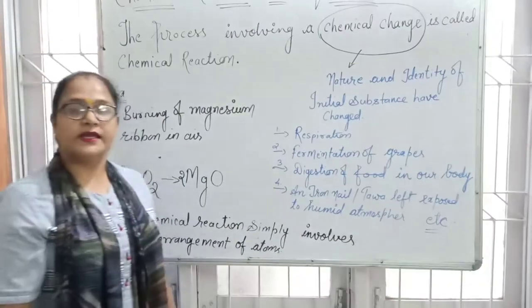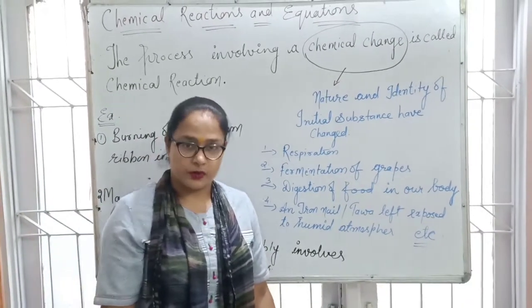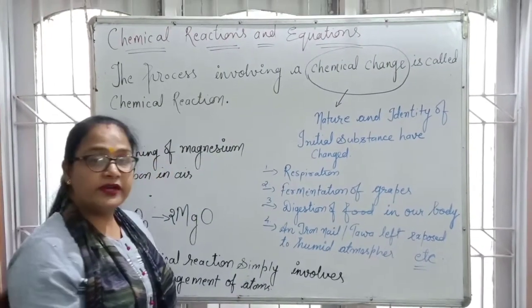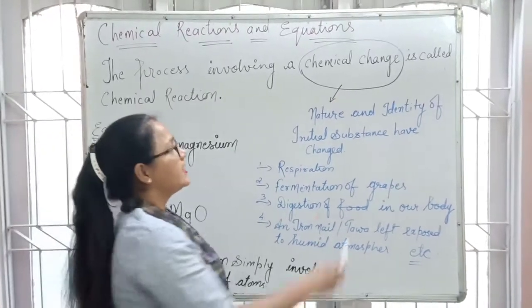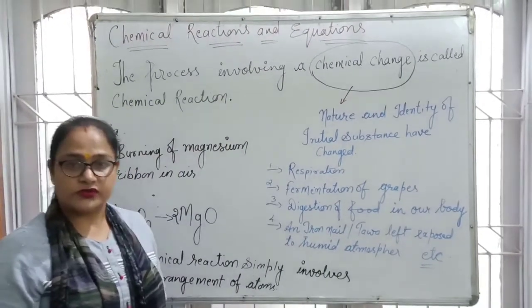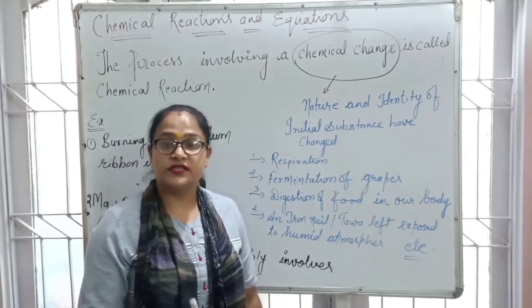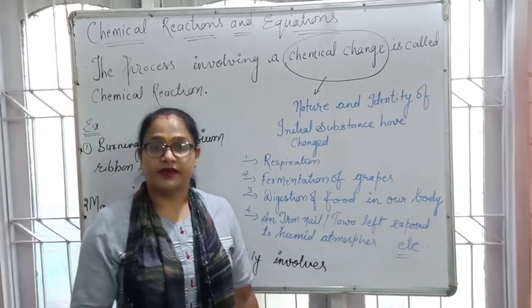Obviously, you know this, it is the process of corrosion or rancidity. It is also an irreversible process. That's why it is considered a chemical change. So mainly the processes in which the change is chemical are called chemical reactions.